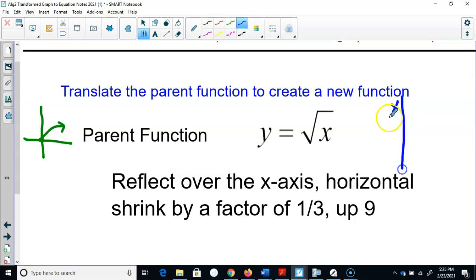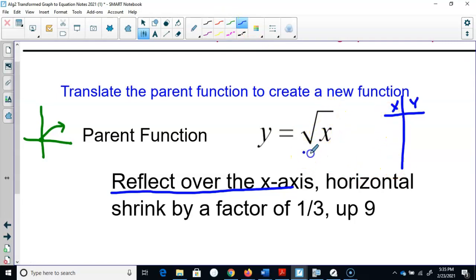Let's think about what's going on. A reflection over the x-axis. A reflection over the x-axis is happening to the y values. What that means, ladies and gentlemen, is let's actually fill out the parent table here.